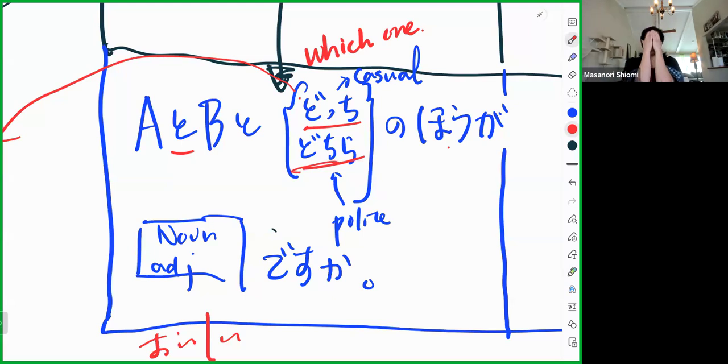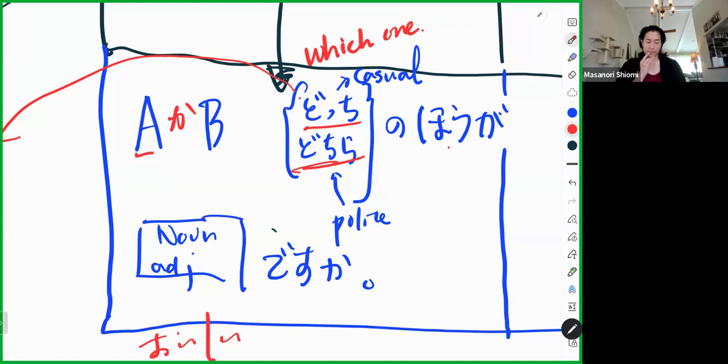Like in casual speech, we don't say exactly this way, especially here at the beginning, listing the options A and B. Casual setting, we usually use the ka.